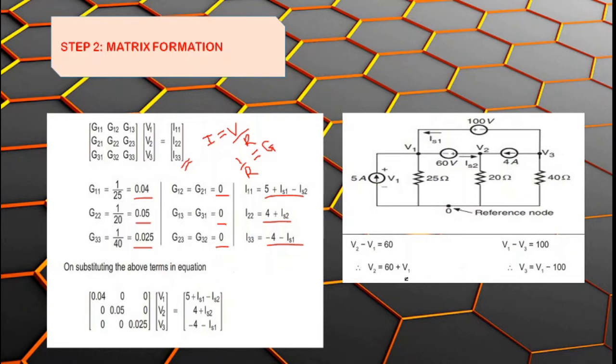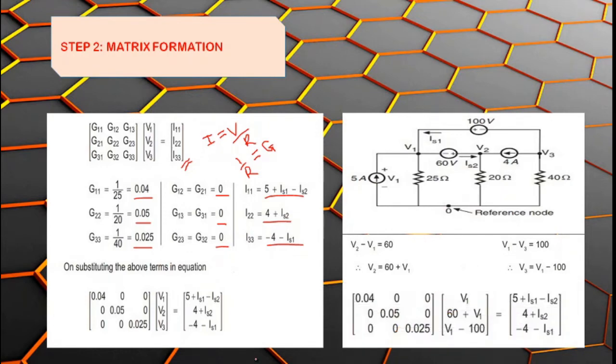So we get V2 is equal to 60 plus V1, V3 is equal to V1 minus 100. This makes the solving process a bit easier. So now again we substitute this V2 and V3 in the matrix. So this is what we get, the final matrix.